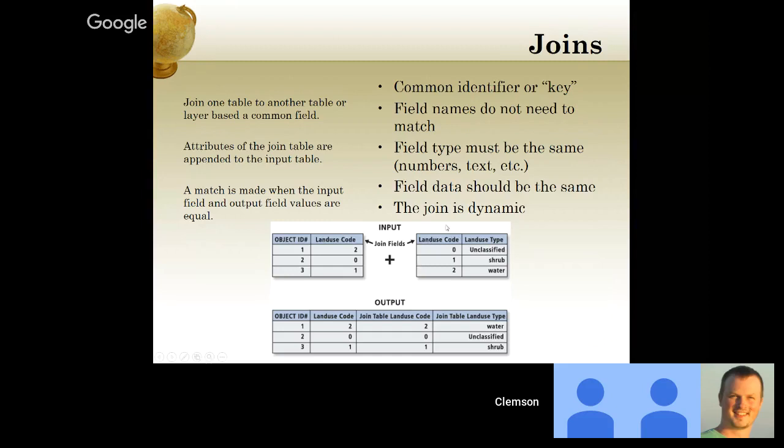And we have another table that has a land use code and a type, what those codes actually mean. We can join together and match that land use type based on our common land use code. So our joined table here, which have this output shown at the bottom. Make sense?